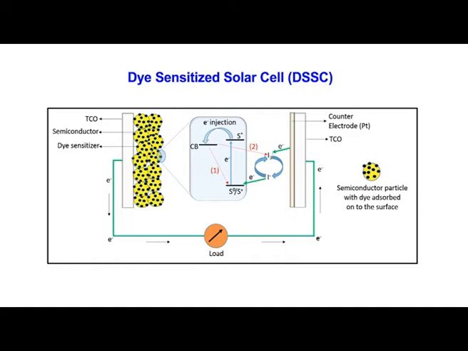So, this leads to an effective charge separation with a negative charge within the TiO2 and a positive charge on the surface of the adsorbed ruthenium dye. And the third step is the ruthenium species is then reduced rapidly by taking an electron from the iodide anion, which is the electrolyte present in the system.